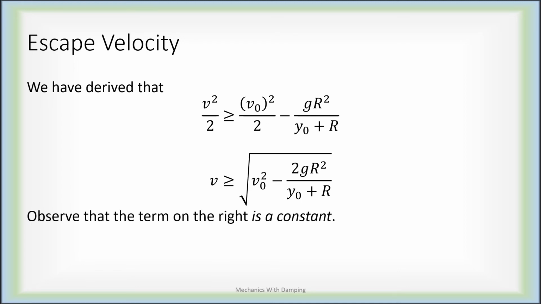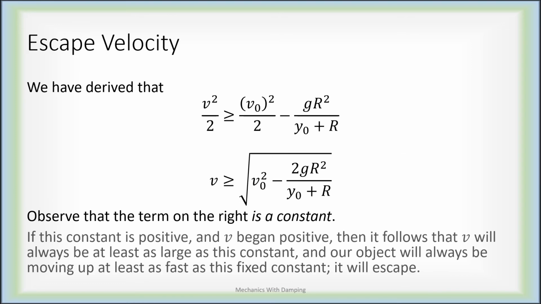So observe the term on the right is a constant. This v naught squared, g, r squared, and y naught, these are all constants. So the velocity is at least as large as all of this. If this constant is positive and our velocity began as positive, then not only does the velocity start as positive, it's always at least as large as a fixed constant.